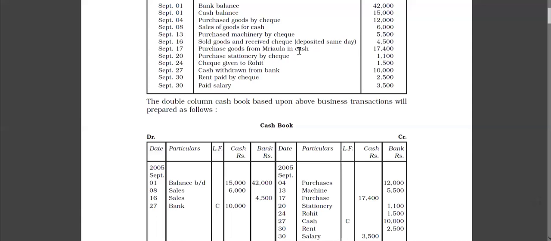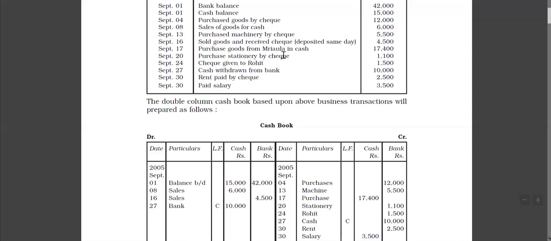Not cash account debit to sale, because we deposited it the same day. So bank account debit to sale account. You place it in the debit bank column and write to sale.